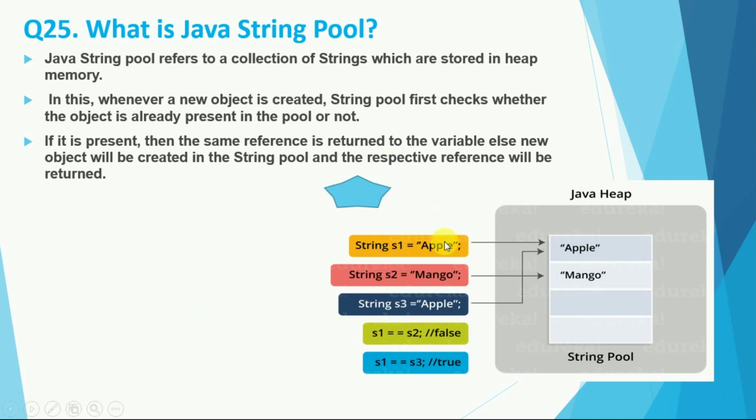Instead of creating a new reference for a new object, it uses the same reference if they have the same value. Okay, so I hope you understood.